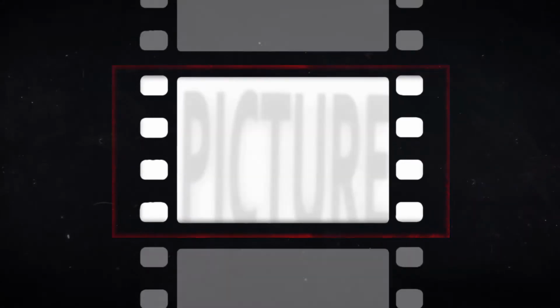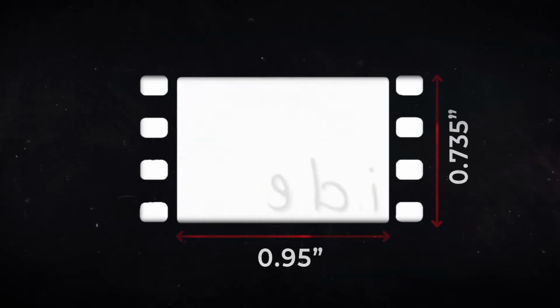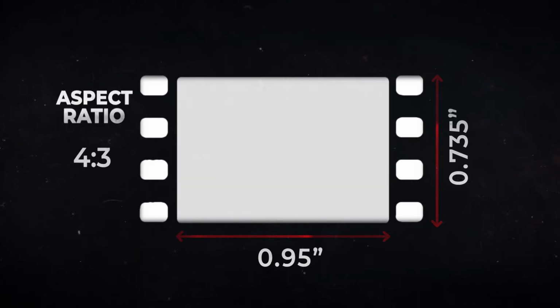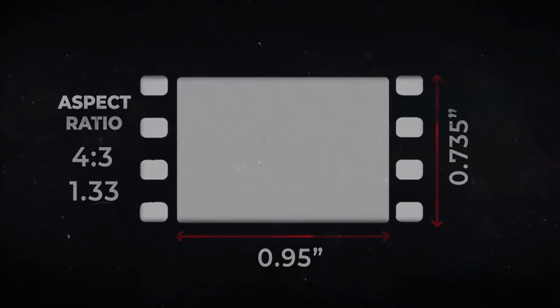Using 35mm film, Dixon settled on an image that was 4 perforations high, resulting in an image that was 0.95 inches by 0.735 inches, a 4 by 3 aspect ratio, or in decimal 1.33. We don't really know why Dixon settled on 4 by 3, but it stuck.